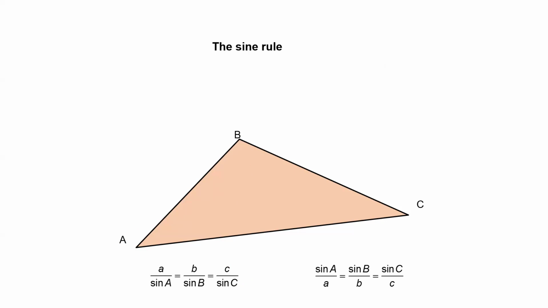The small letter a represents the sides of the triangle, while the capital letter A is the angle.